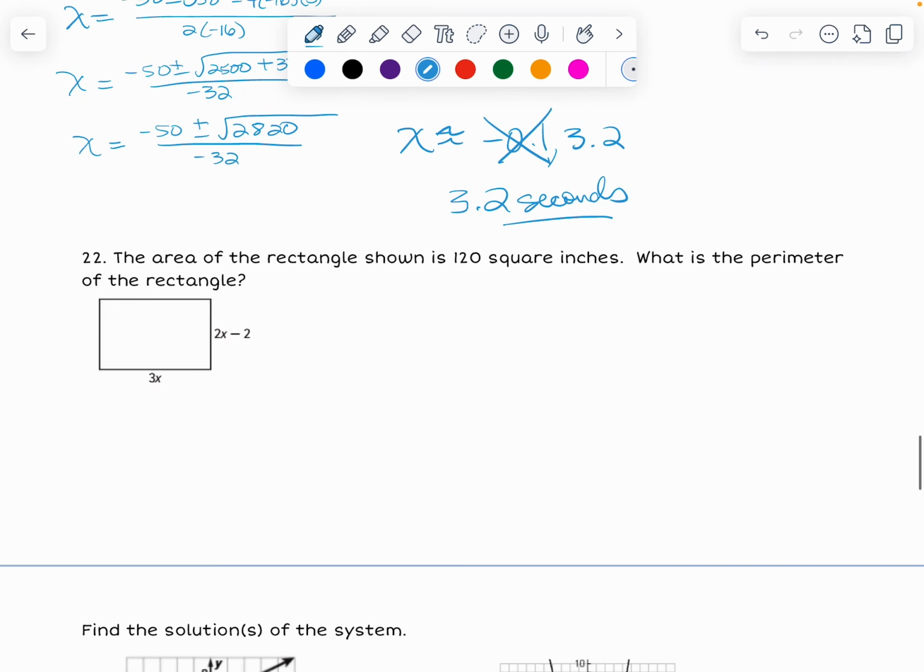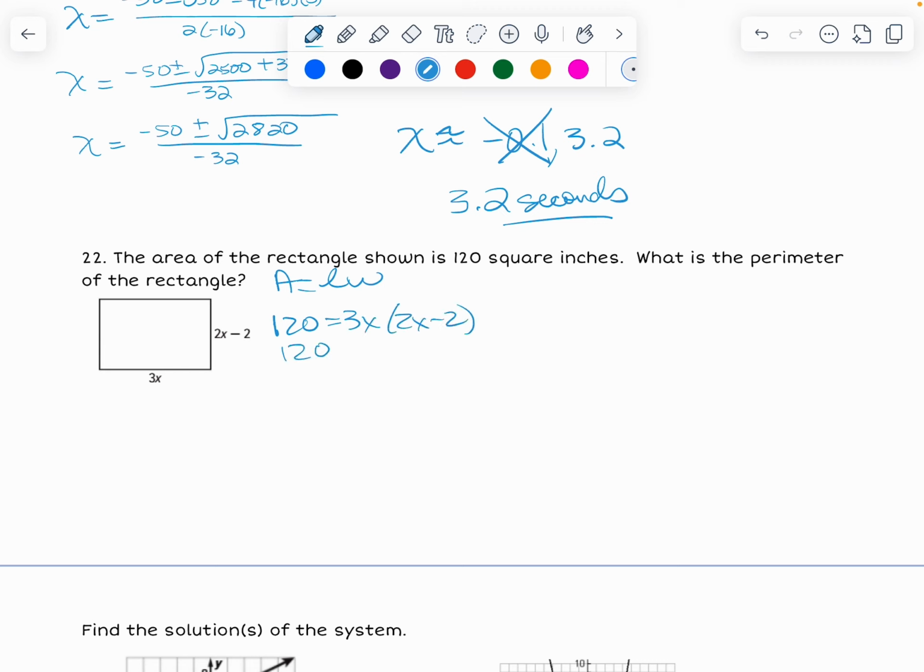Okay, the next one, the area of a rectangle is given. What's the perimeter? So area is equal to the length times width. So 120 equals 3x times 2x minus 2.